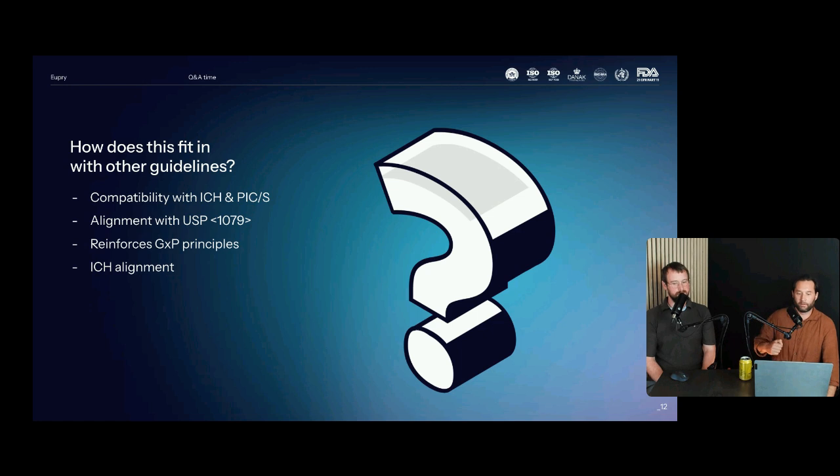Almost all of them have some sort of compatibility. If we go from the ICH and PIC/S, those are the harmonized standards, which overlap very much with WHO Annex 9 in this case, and I think it's almost designed to be compatible with the ICH to some extent.